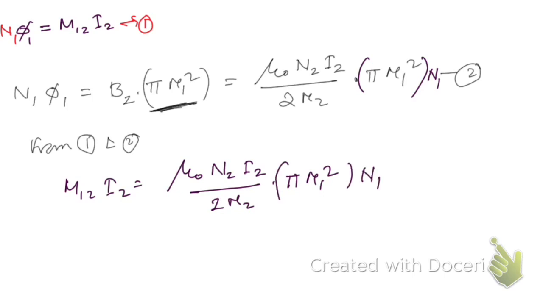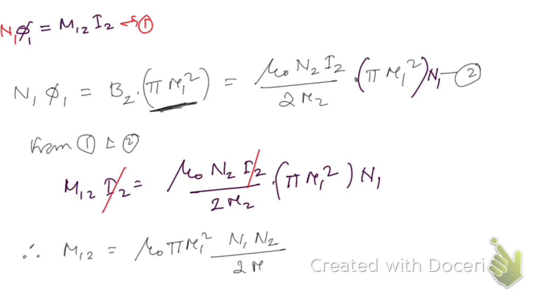Therefore this I2 cancels, and we're gonna have M12 equal to mu naught pi R1 square N1 N2 divided by twice R2. I forgot to write the pi earlier. So this is the required expression.